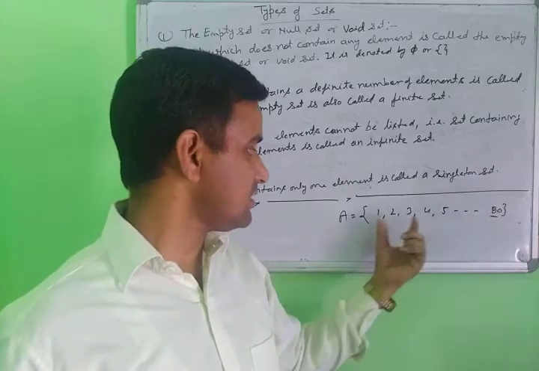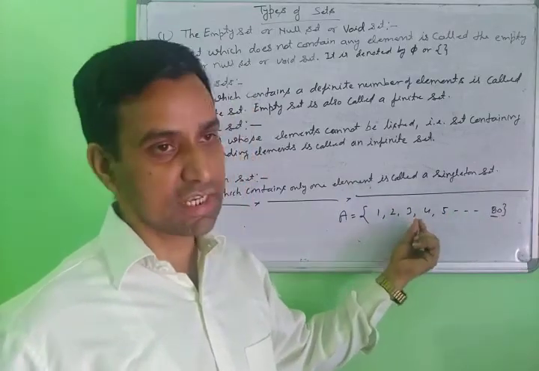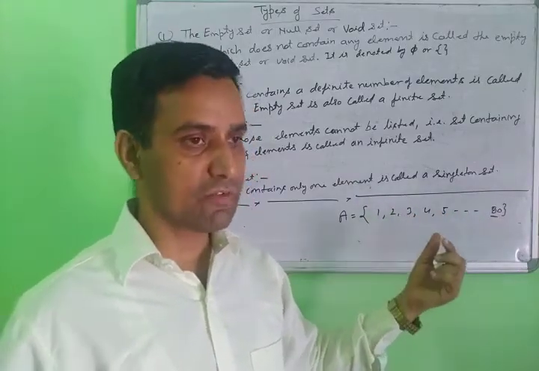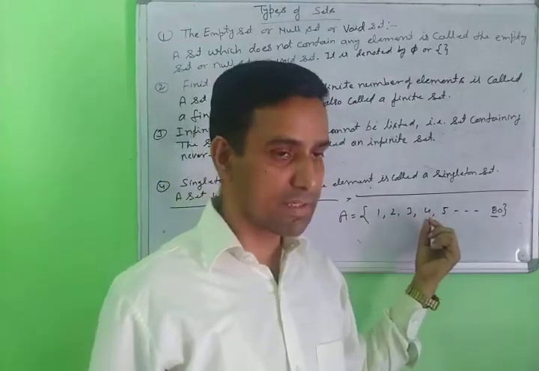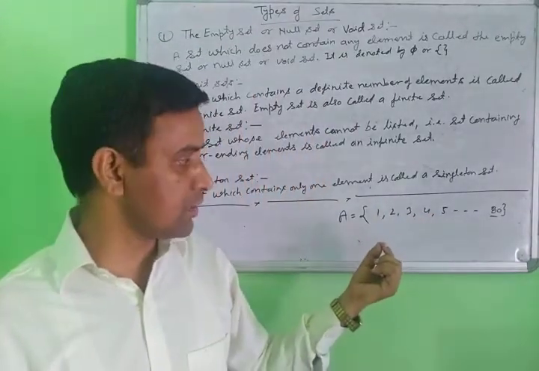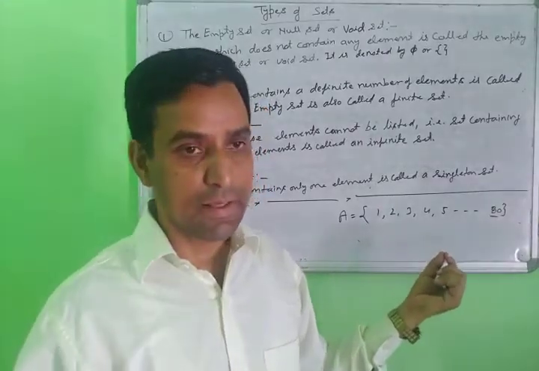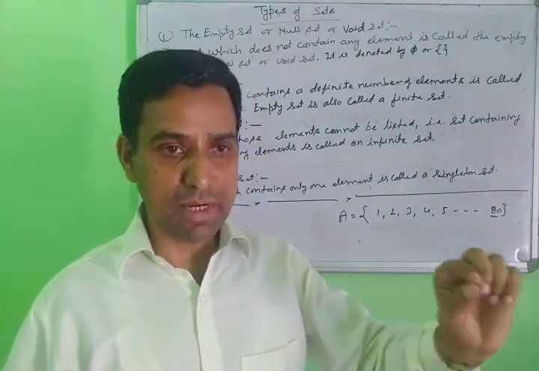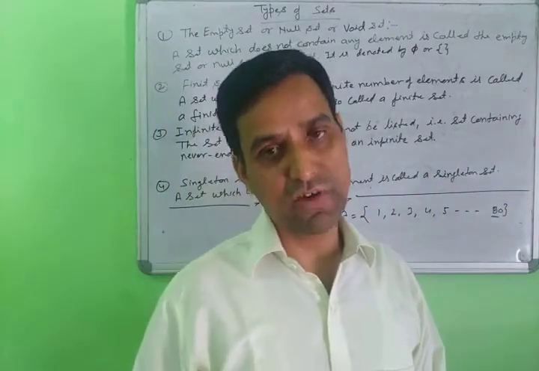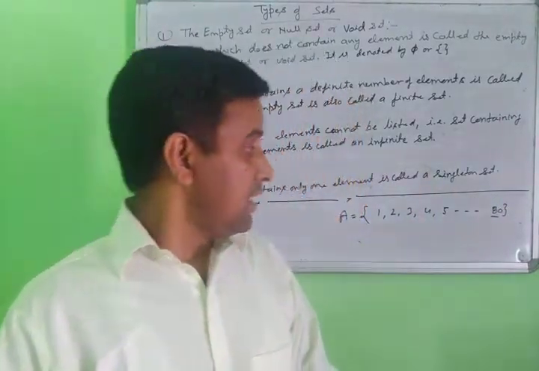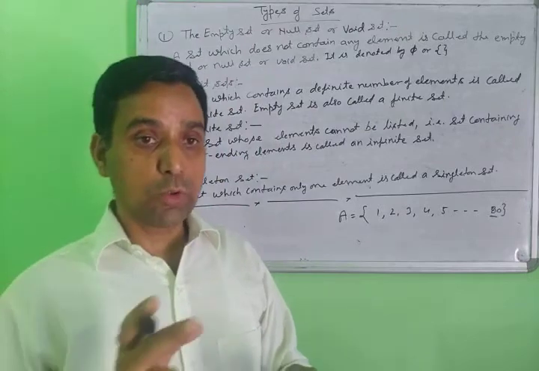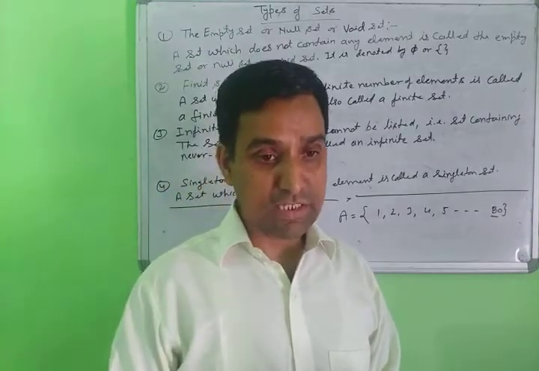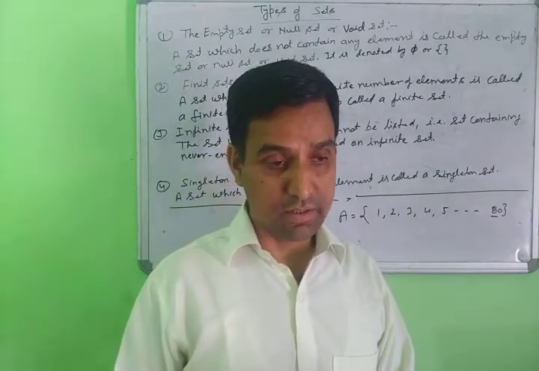Some sets have 5 elements, some have 20, some have 50. You can easily count how many elements are in these sets. This is called a finite set. And the empty set is also called a finite set.